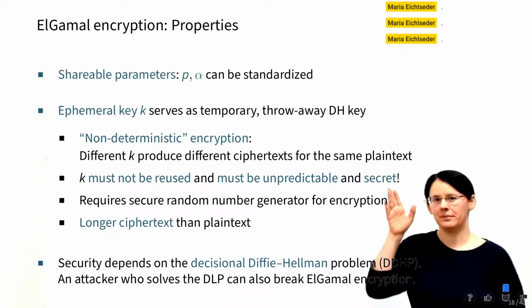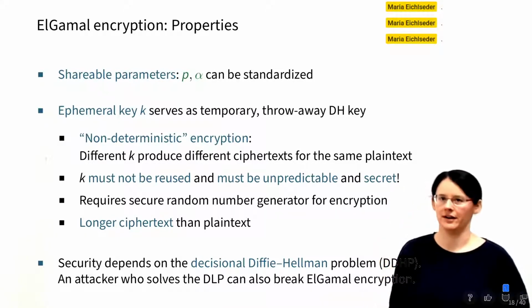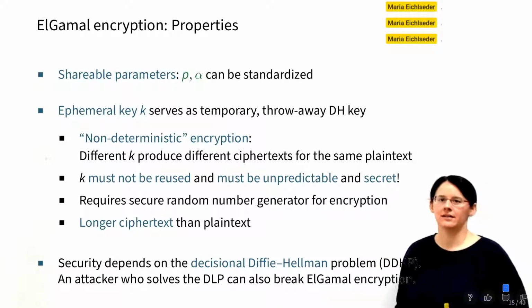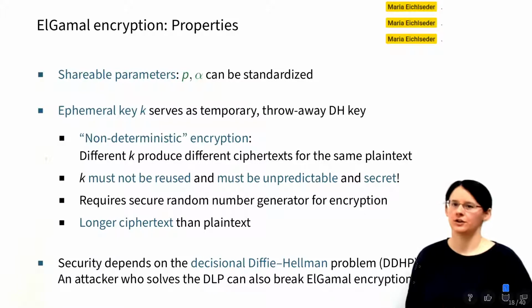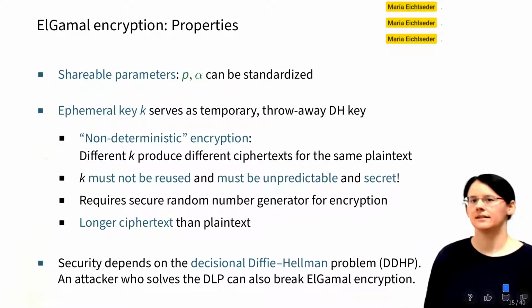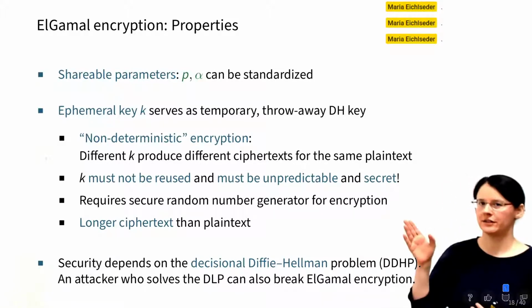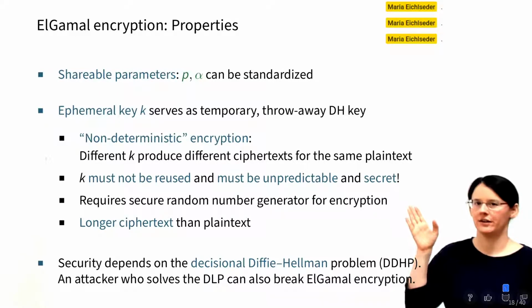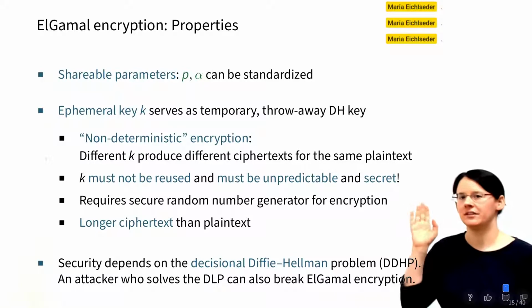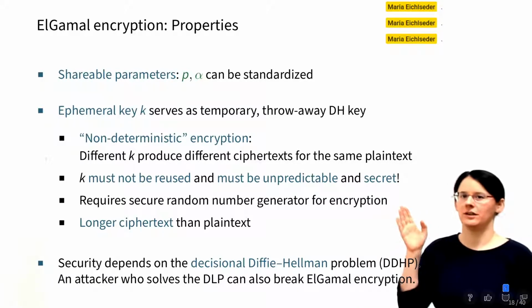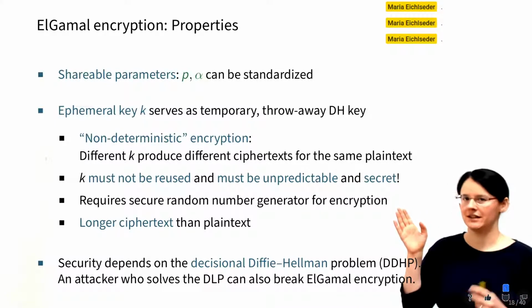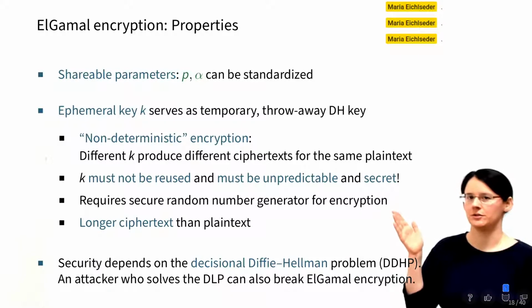But of course, we must be careful to not reuse this randomness here. So we do need a secure random number generator for each encryption. And this is not only like in symmetric schemes where we must be sure that we generate nonces that don't repeat, but here we actually need to generate secret numbers, because we need to generate a fresh private key every time for every encryption.